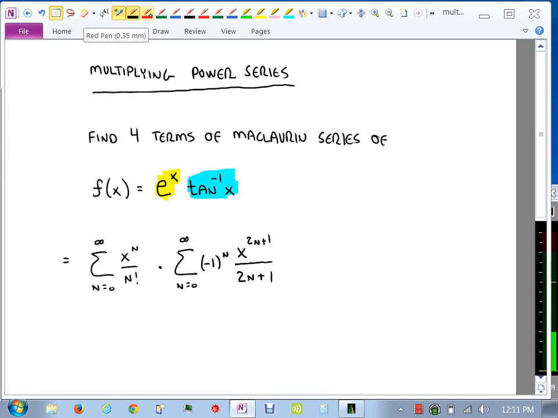Do y'all see that's right off the table here? Right off the formulas? Now, we are multiplying these, right? So it's this one times this one.